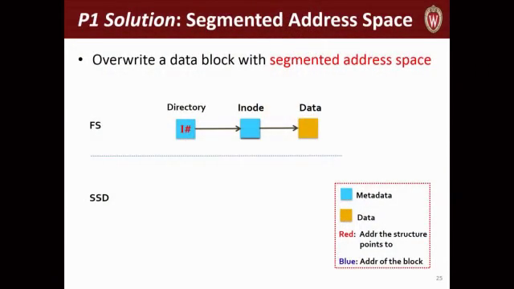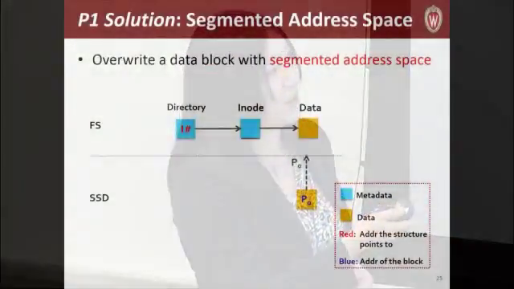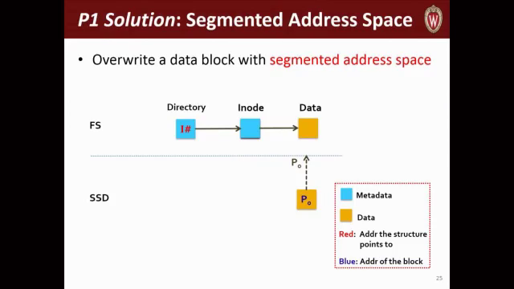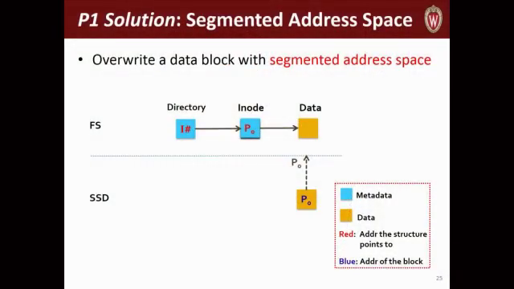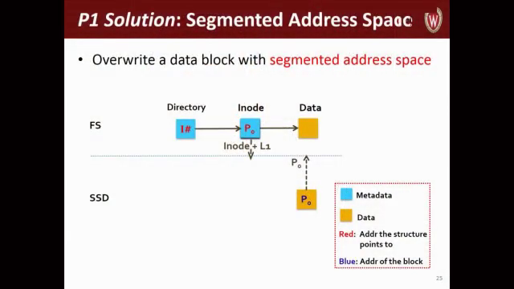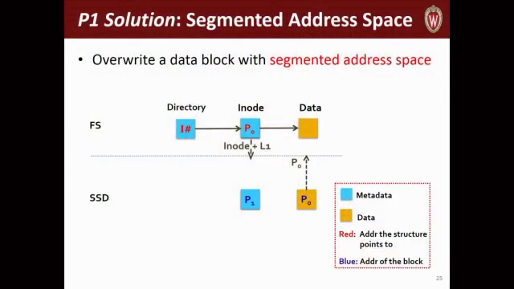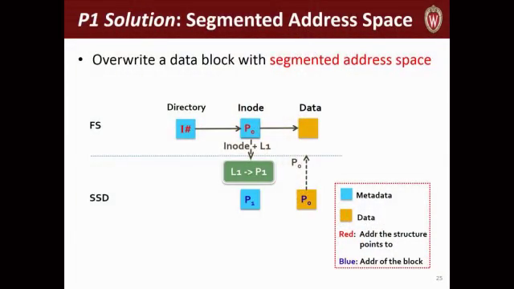So now let's revisit the same problem, same example. We want to overwrite the orange block, and the file system sends the data to the device. The device allocates P0 and returns P0 to the file system. So the file system updates the inode. And since the inode is in the virtual address space, we write both the inode block and the logical block address of it, L1, together to the SSD. Then the SSD will allocate a physical address P1, and add a mapping from L1 to P1.